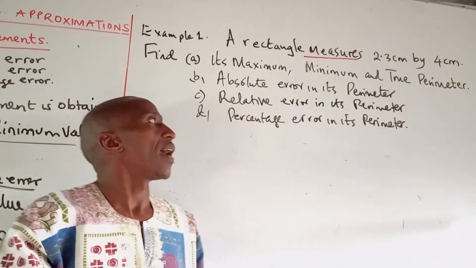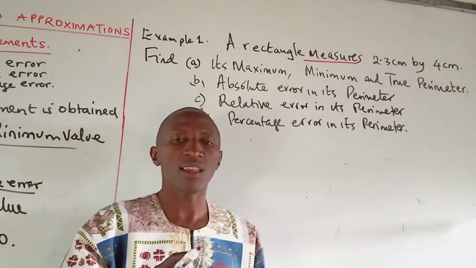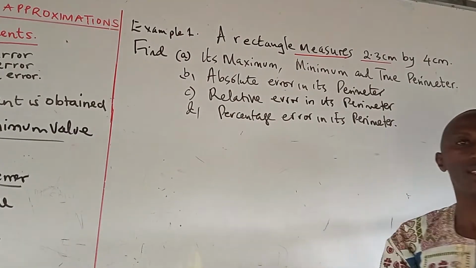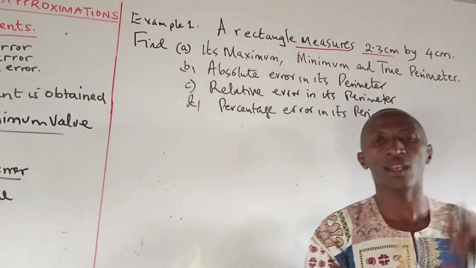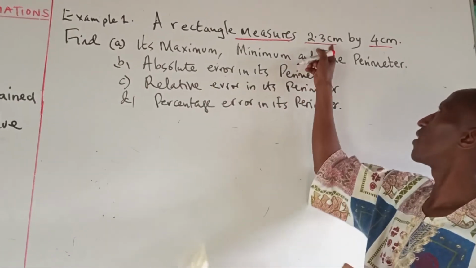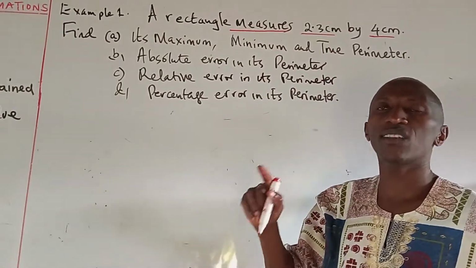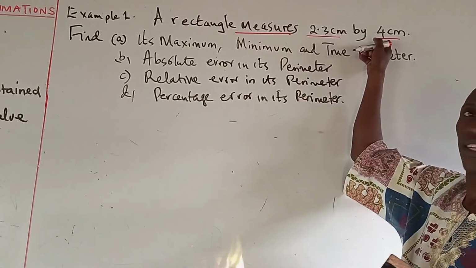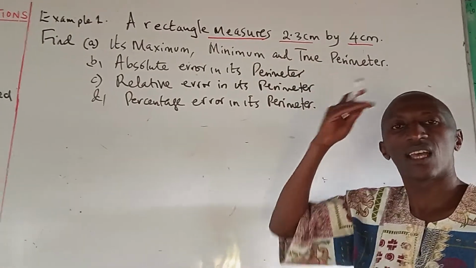All right. After that, how are the measurements? The measurements are shown as 2.3 and the other one is shown as 4. You will notice that in 2.3, the accuracy is a 0.1, and in 4, the accuracy is a whole 1.